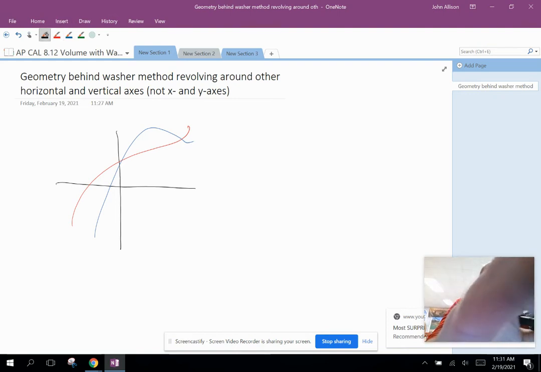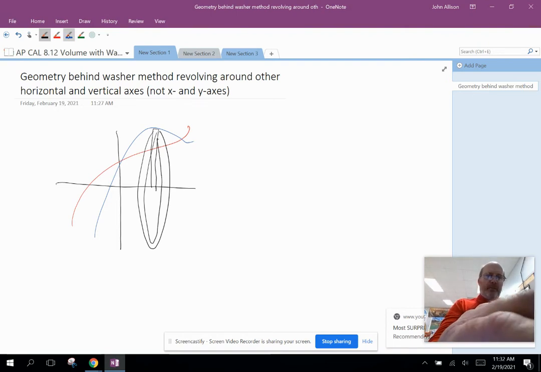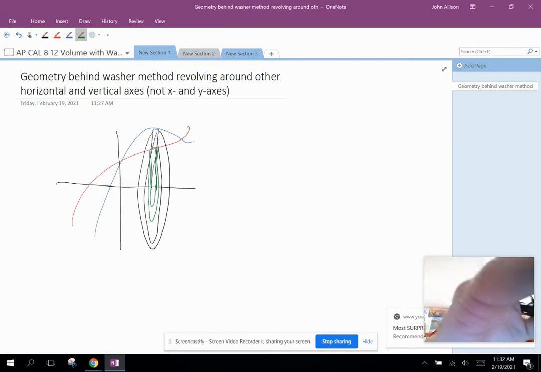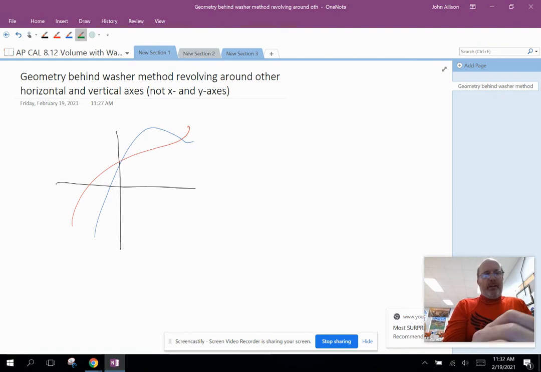Recall when we did the x and y axis, we did one large rectangle and we generated a disk by revolving that rectangle around. And then we did a smaller rectangle and we revolved around the x-axis. Well, it's going to be very, very similar when we do the washer method. We revolve around another horizontal axis or a vertical axis.